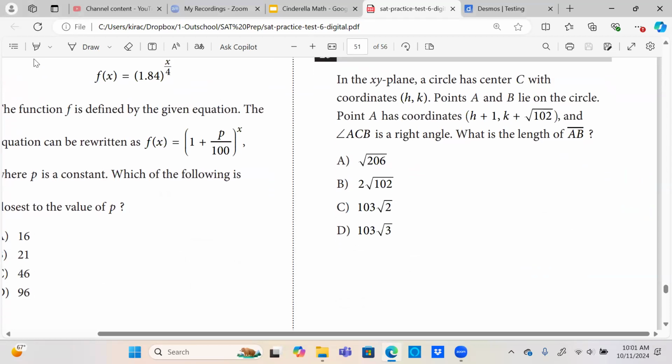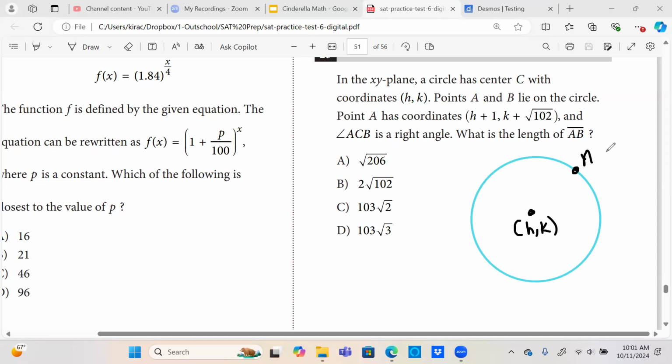25. In the XY plane, we have a circle. What is the length? Oh, goodness. Okay. Let's draw a quick circle. We know our center here is HK, and we have 2 points on the circle.